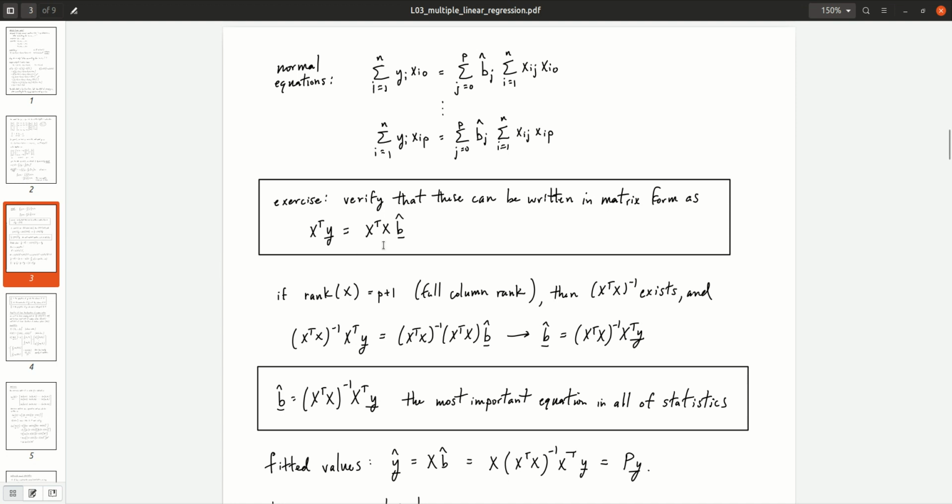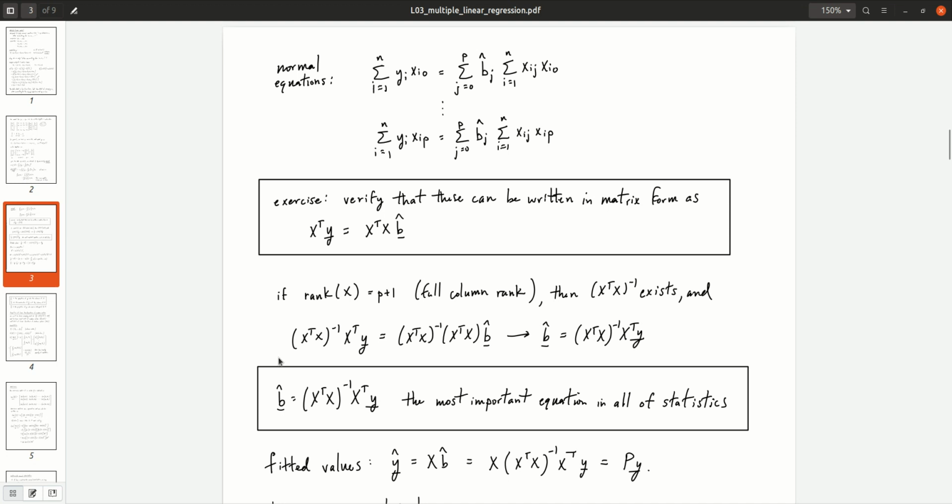So X transpose X is a p plus 1 by p plus 1 matrix. Now, if X itself has rank p plus 1, which we call full column rank, then it's true that X transpose X is non-singular, and therefore its inverse exists, and then we can do what we just described.